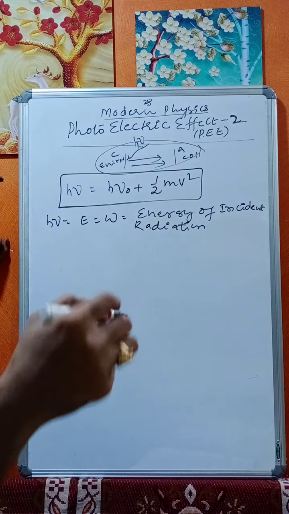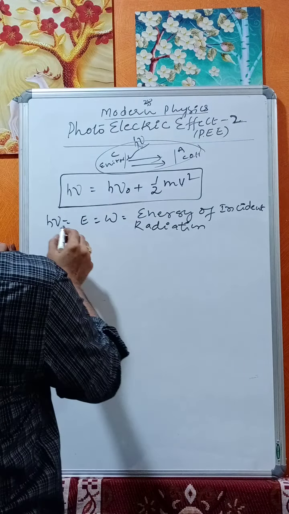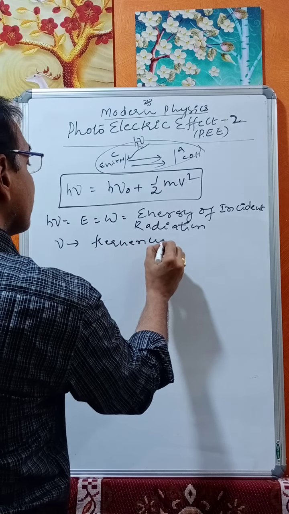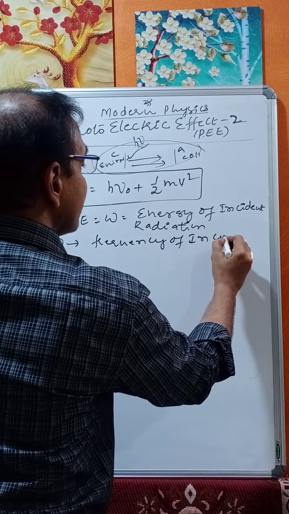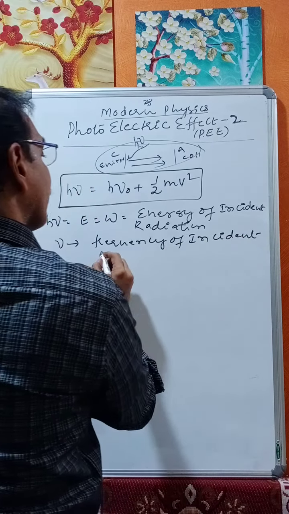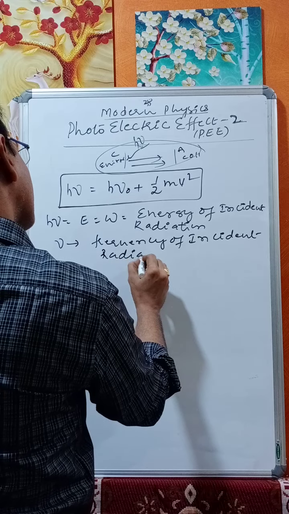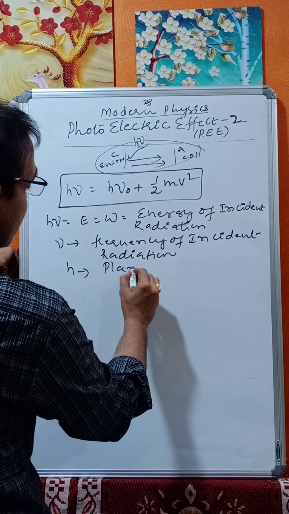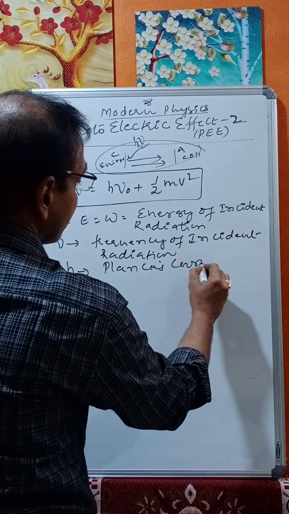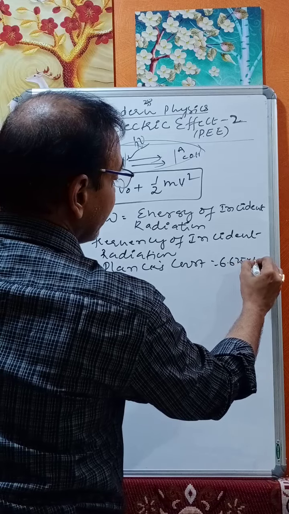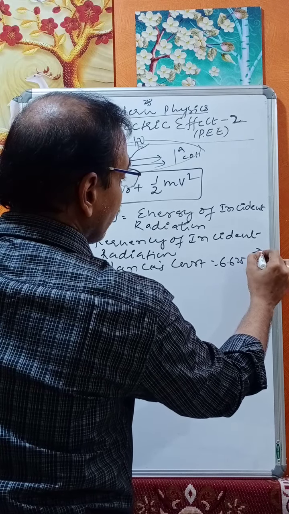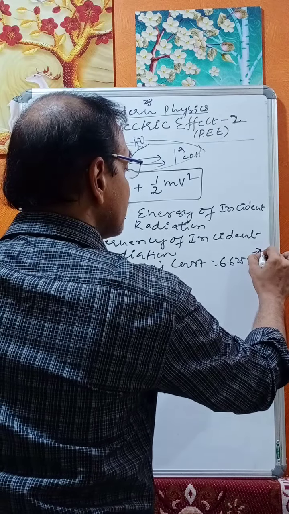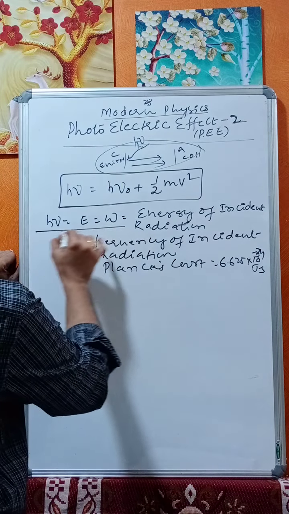When radiation of sufficient frequency falls, nu is the frequency of incident radiation. H, as we know, is Planck's constant. Planck's constant is equal to 6.625 into 10 power minus 34 joule second. So this is h nu or E.